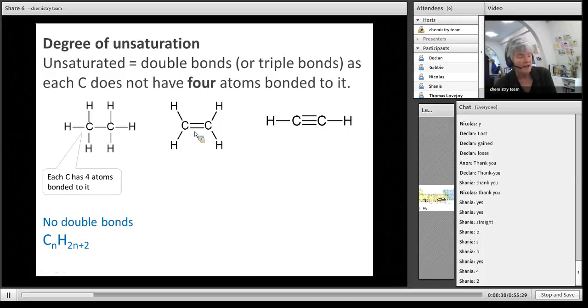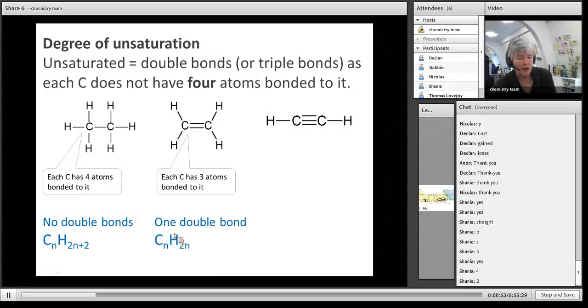If I have this one, then it's unsaturated because carbon doesn't have 4 bonds attached to it. It's only got 3. So you could add an extra one, and that's why we call it unsaturated. So if there's 1 double bond in the molecule, the formula is CnH2n.